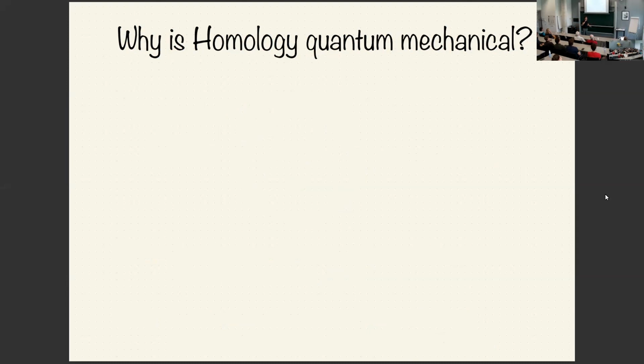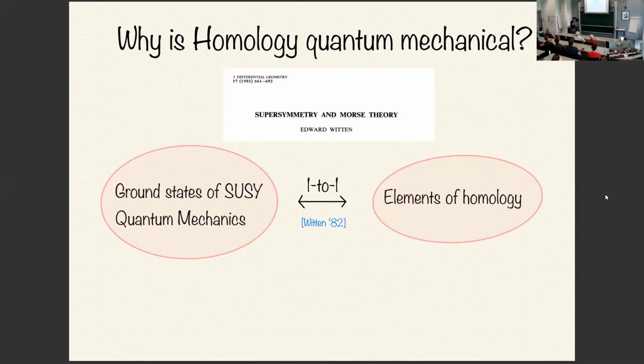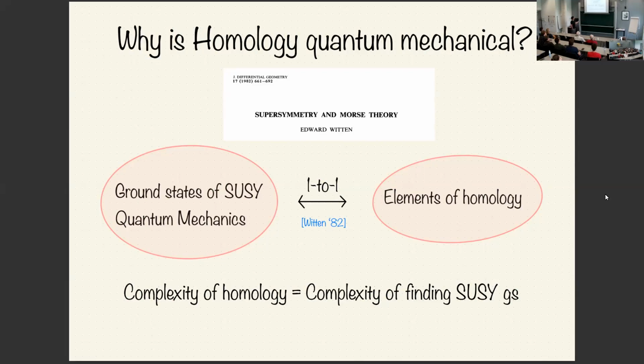Okay, so why is homology quantum mechanical? Why does it have to do with the complexity of finding ground states? The underlying reason ultimately goes back to an old paper by Ed Witten in 1982, where he pointed out that the ground states of supersymmetric quantum mechanical systems are in one-to-one correspondence with elements of homology. This was an old and very famous paper, and it follows from this connection that the complexity of homology is equal to the complexity of finding supersymmetric ground states.